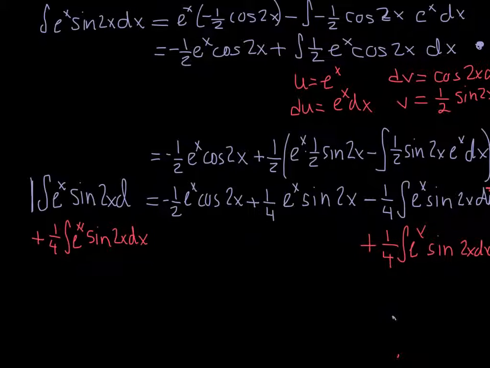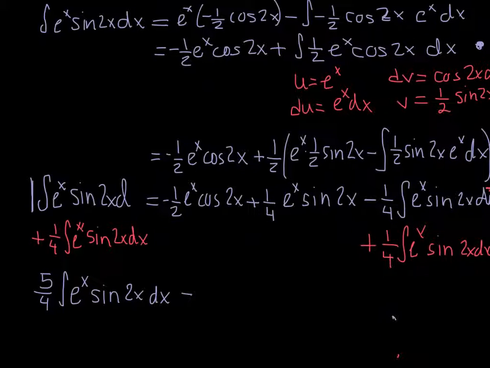So I'm going to add 1 plus 1/4 in order to finish this left side, and here I'm going to obtain 0. So let's do it. If we do 1 plus 1/4, that would be 5/4 of the integral of e to the x times sine of 2x times dx.